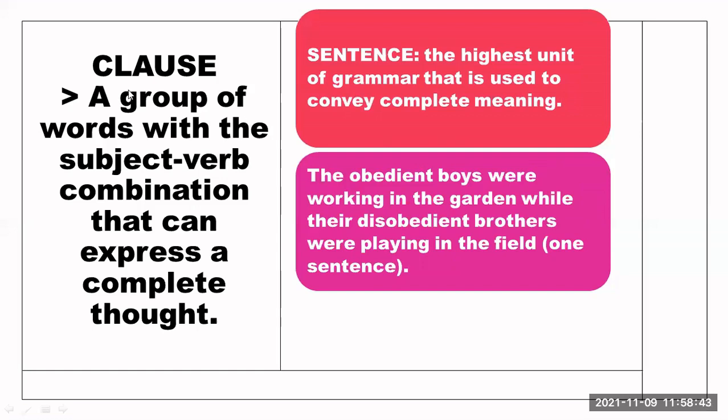Now, a clause is a group of words with the subject-verb combination that can express a complete thought. That is what a sentence is. In fact, the domain, all right, the core or the center of English grammar is the sentence, all right?